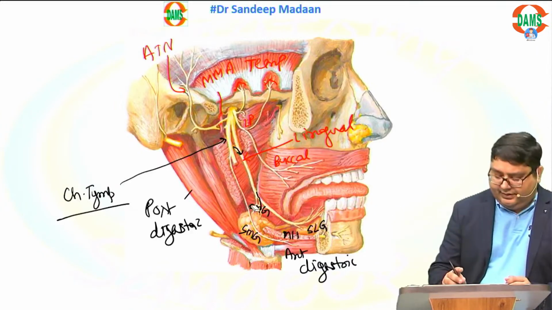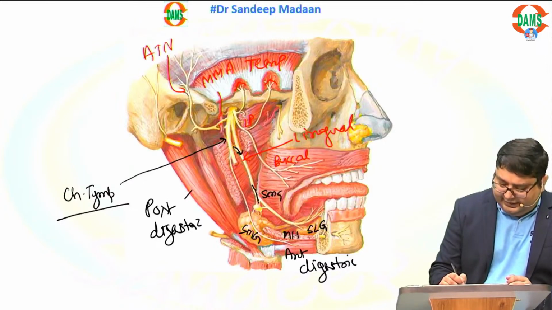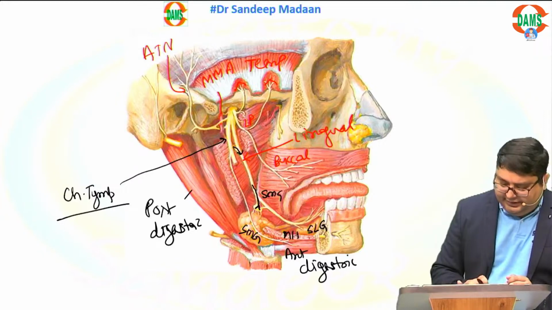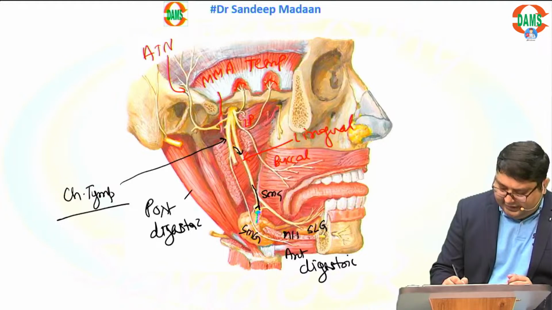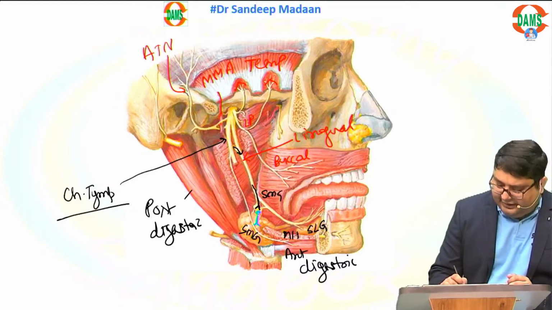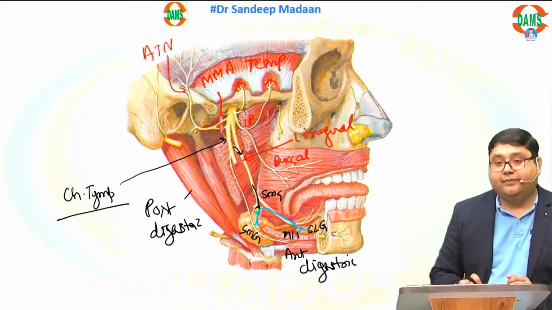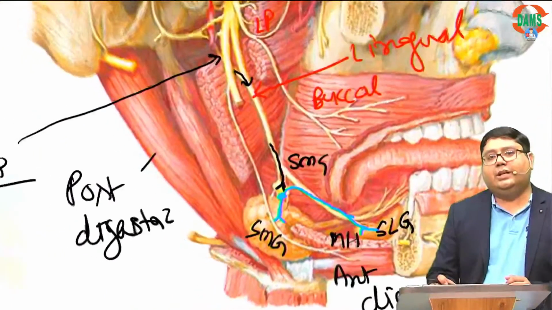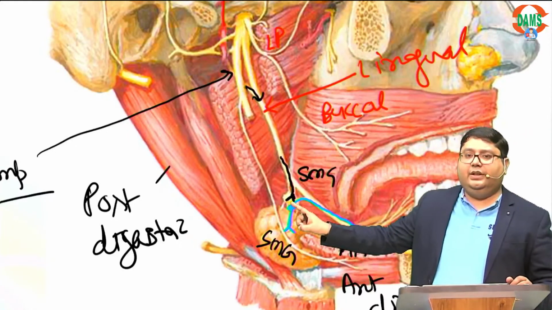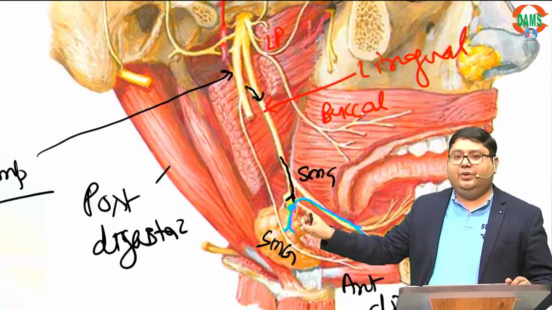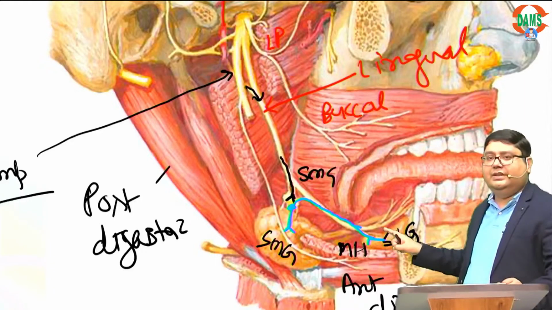They will simply relay in the submandibular ganglion like this, and after relay the fibers from them will be going directly to the submandibular gland and some fibers to the sublingual gland. So chorda tympani is delivering the fibers here in the submandibular ganglion, where after relay some fibers will go directly to the submandibular gland, some fibers will go via this nerve to the sublingual gland.